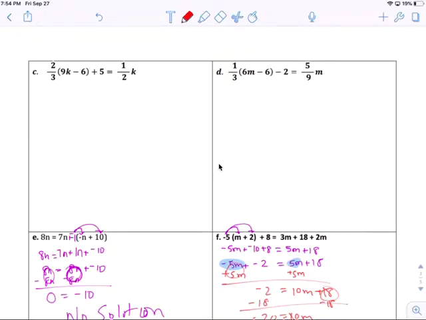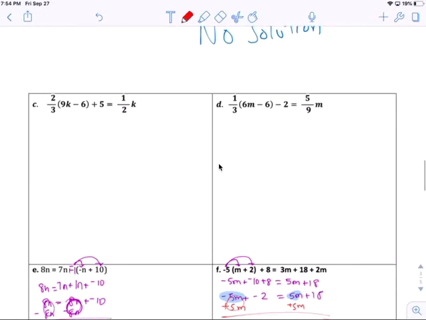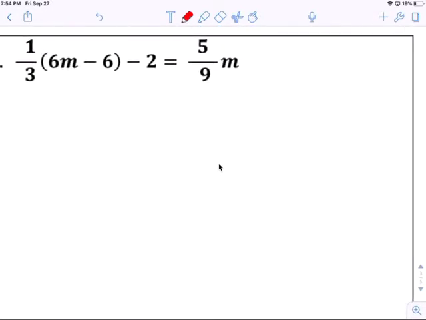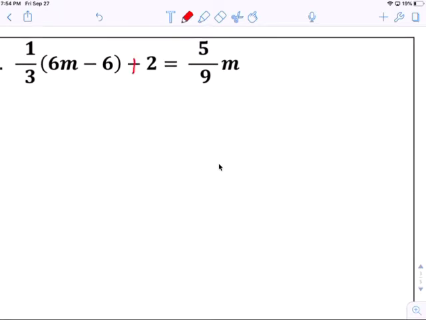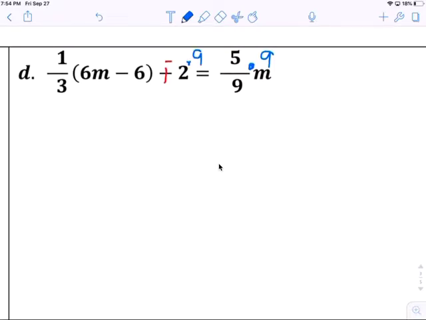Okay? And then D, I like to get rid of the fraction first. Additive inverse. You can always distribute first and then combine like terms, but then you still have a fraction. I just like to get rid of it so I can deal with whole numbers by multiplying by 9 times 9 here.